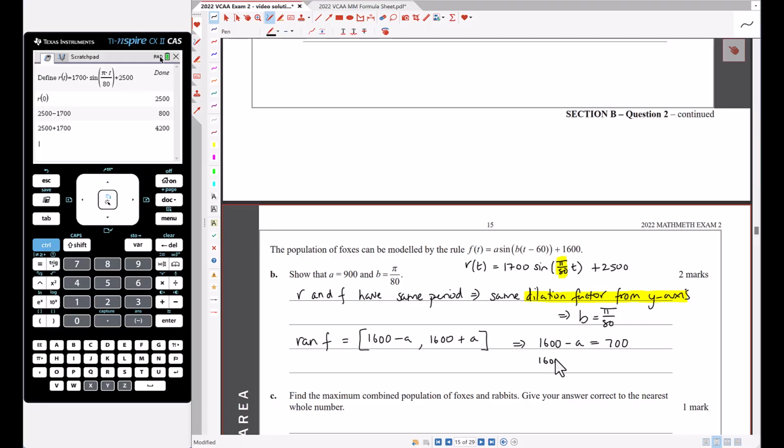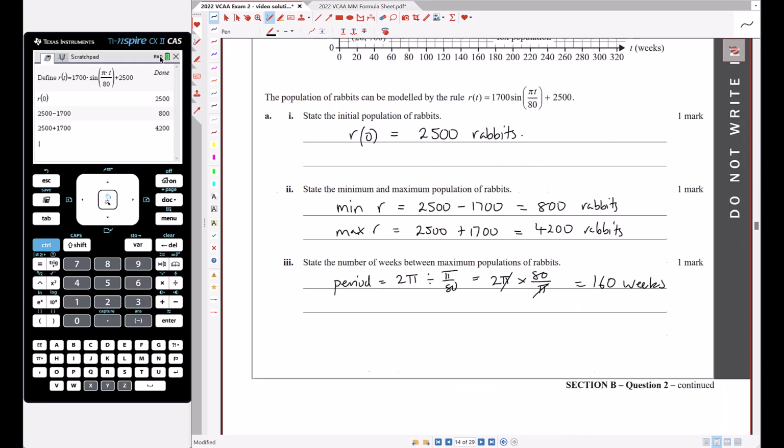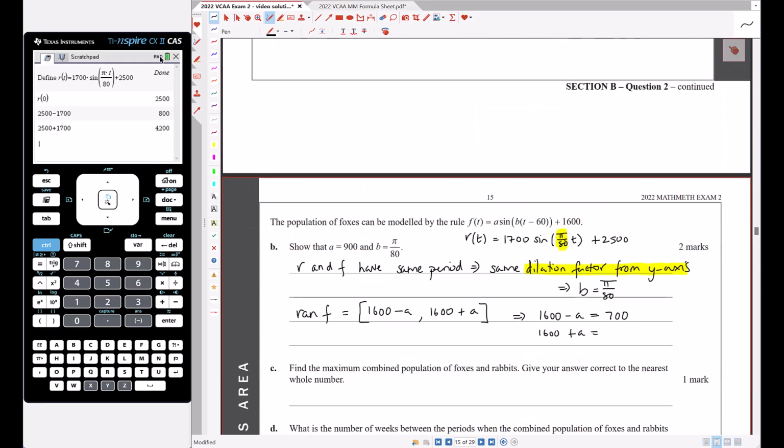And 1600 plus A is the maximum value, we've got that point on the graph, 2500. And so both of these things mean that A equals 900.